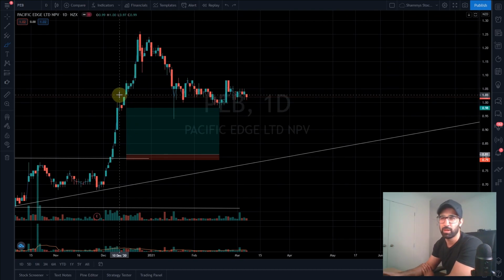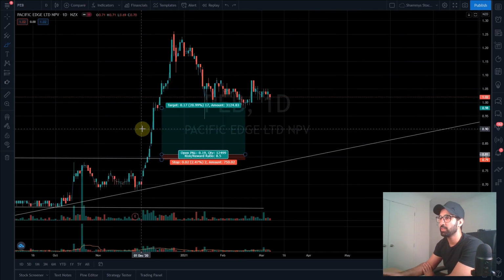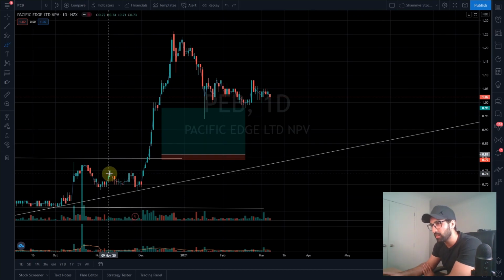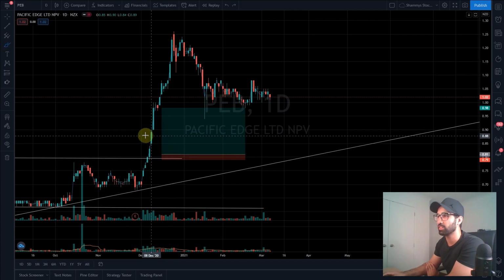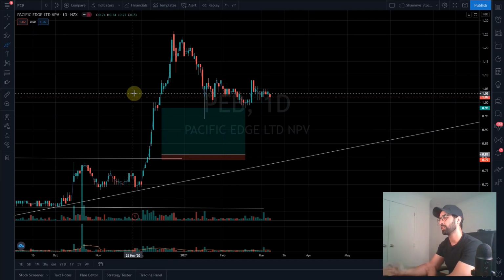I can't remember, but I made like 20 grand around here. This is simply because there was so much momentum behind the stock. It continued to trend higher. But I could have executed better. Going forward, as I'm getting better as a trader, I'm knowing how to stay in the stock a lot longer, and also how to identify the right setup so that I can profit into the future.